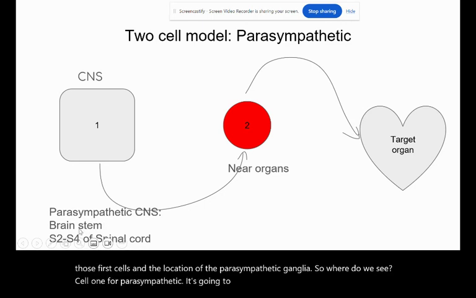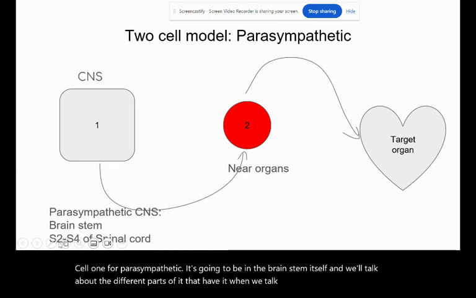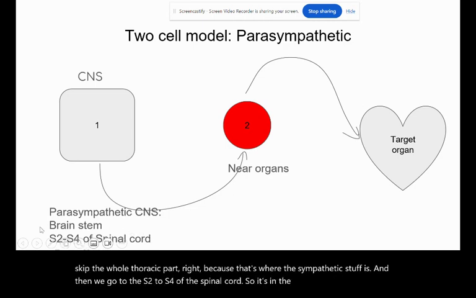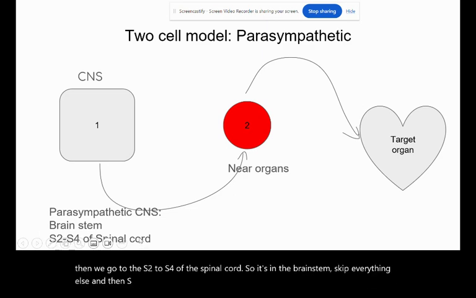It's going to be in the brainstem itself, and we'll talk about the different parts of it that have it when we talk about spinal nerves. And then skip the whole thoracic part, right? Because that's where the sympathetic stuff is. And then we go to the S2 to S4 of the spinal cord. So it's in the brainstem, skip everything else, and then S2 to S4 of the spinal cord. That's where we're going to see the parasympathetic cell 1s, the preganglionic neurons.